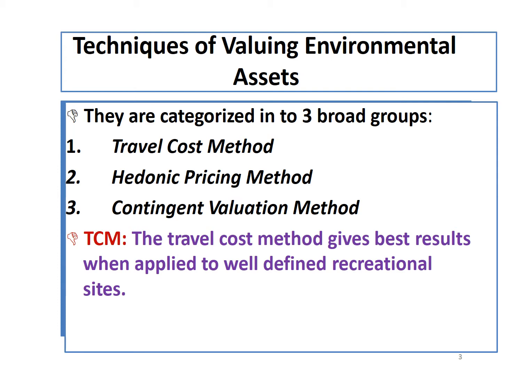The first one is what we call the travel cost method, or TCM, the second is the hedonic pricing method, and the third is the contingent valuation method. Okay, let's look at the first one, the TCM, or the travel cost method. It gives the best results when applied to well-defined recreational sites.